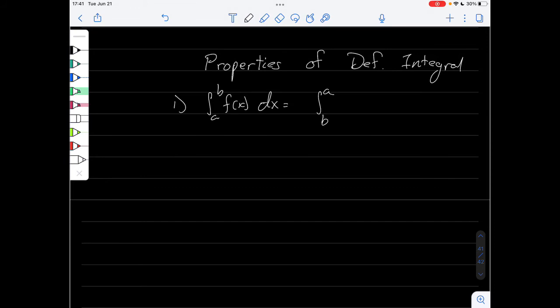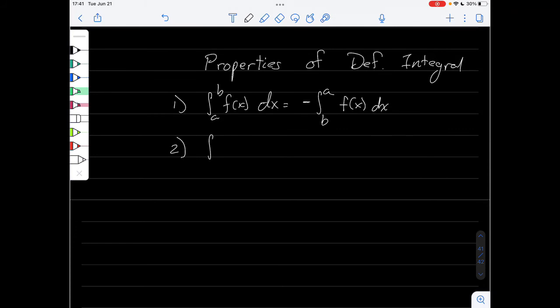It answers the question, what happens if we switch the upper and lower bounds? And it turns out that it's a negative. This is kind of complicated to show, given what we have right now. But next time when we talk about the fundamental theorem of calculus, it'll be a lot easier to explain. So we're going to hold off on the explanation for this.